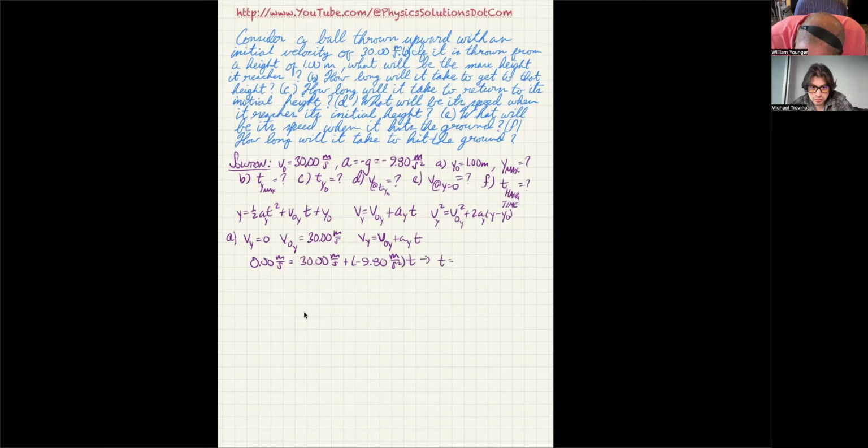And that gives me that t would equal negative 30.00 meters per second divided by negative 9.80 meters per second squared. Now, when I divide 30 by 9.8, I get 3.061 seconds. So that's the actual time to y max. In other words, the time required to reach the max height is 3.061 seconds.